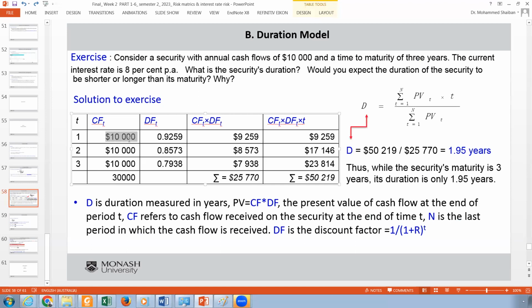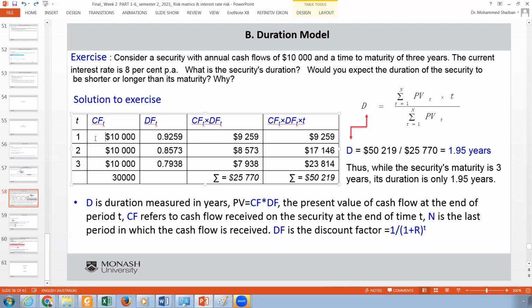Actually, this loan is paid 10,000 in the first year, 10,000 in the second year, and 10,000 in the third year. So in that case, because we have reinvestment of those amounts, as you remember, we need to take into consideration also the present value using the current interest rate and discount it. So we will bring everything to zero.